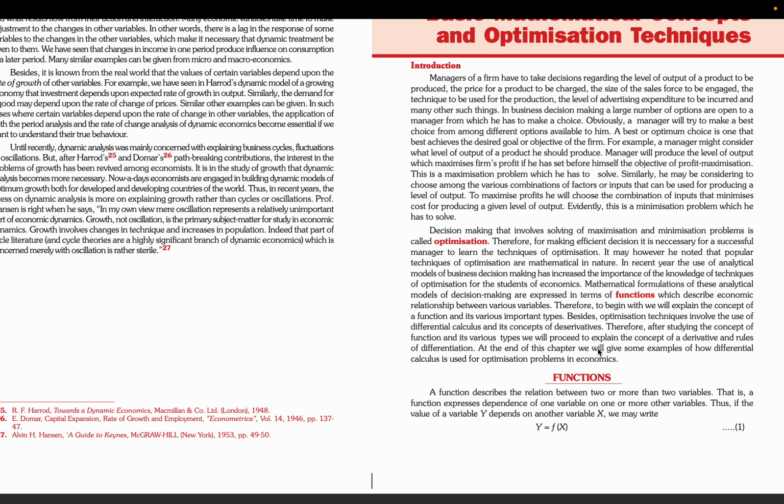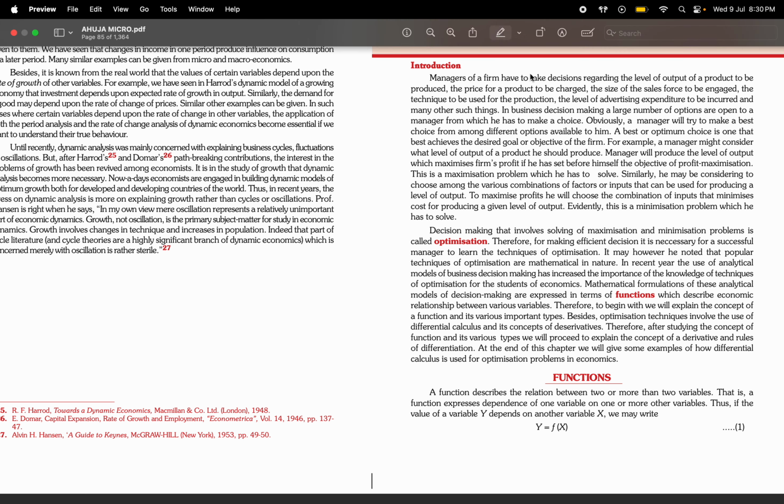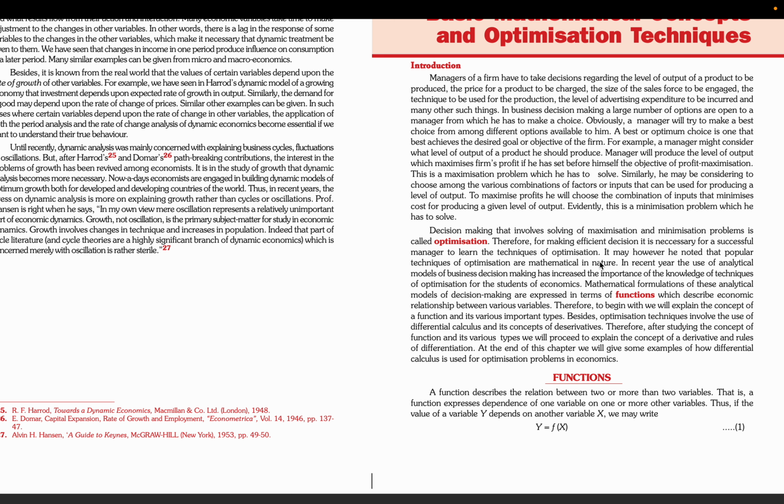Decision making that involves solving of maximization and minimization problems is called optimization. Therefore, for making efficient decisions, it is necessary for a successful manager to learn the techniques of optimization. It may, however, be noted that popular techniques of optimization are mathematical in nature.